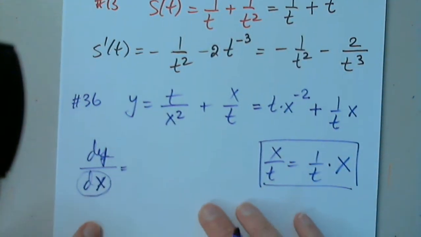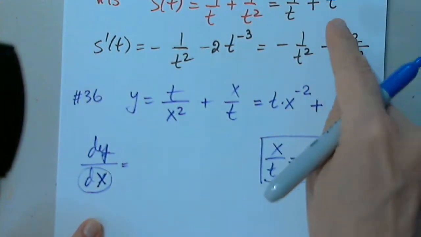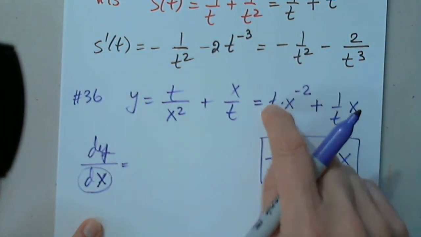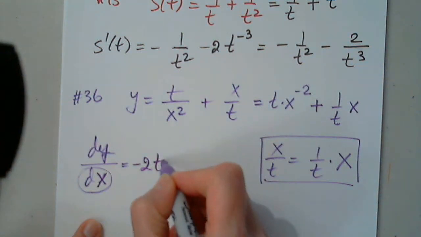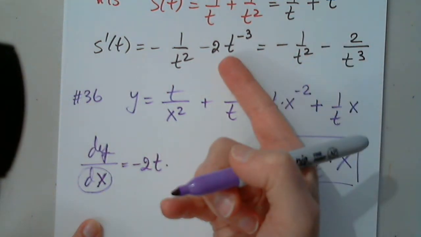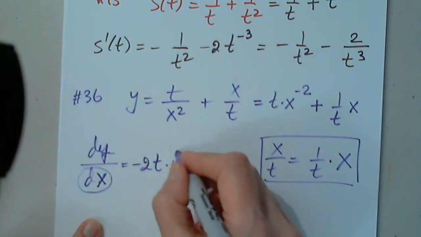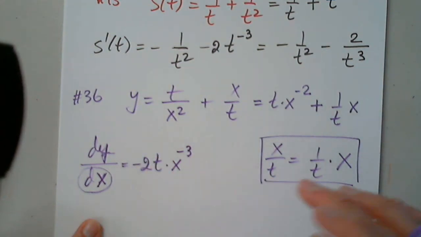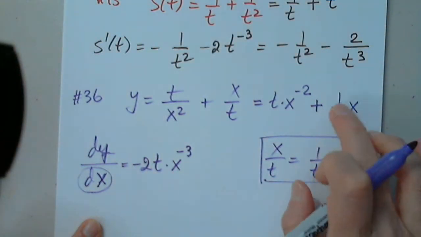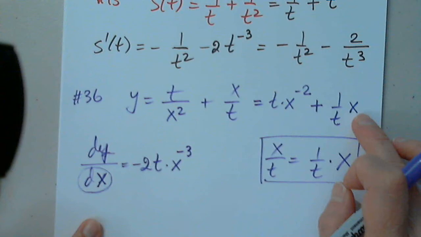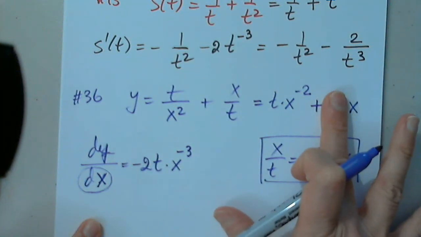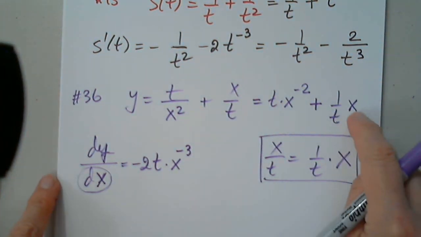Okay, now, when I differentiate this, as you already told me, bring down negative 2. So I have negative 2t times x to negative 3. And that's done. 1 over t is the slope of x. This is a constant, so a constant times a function prime.